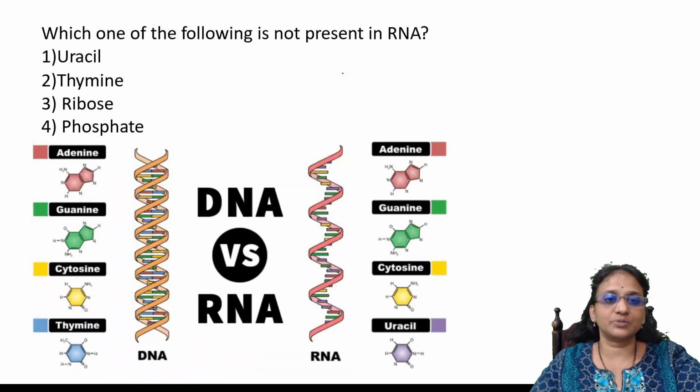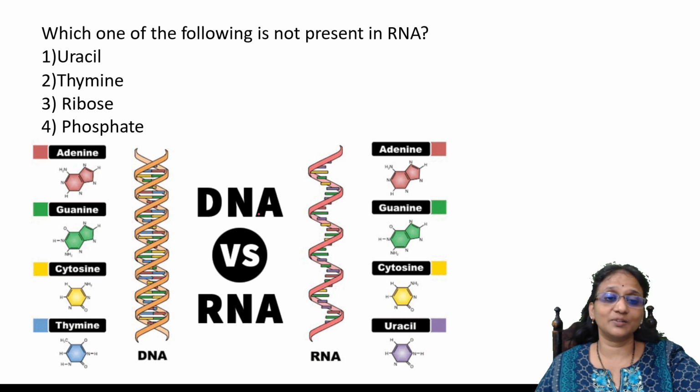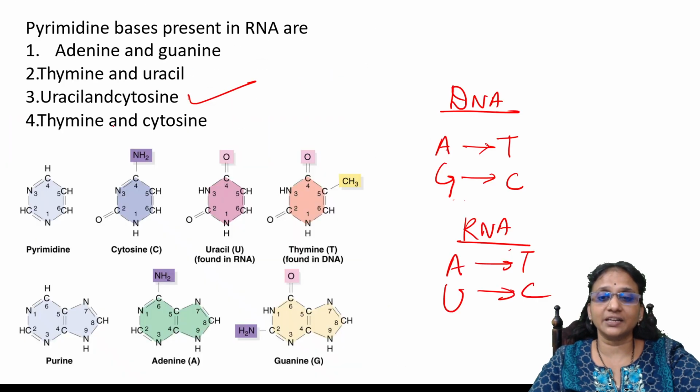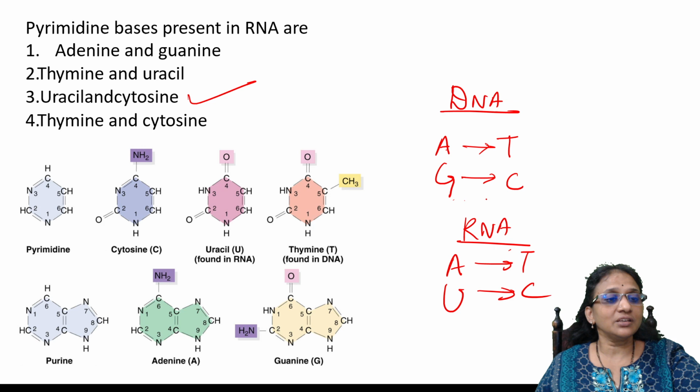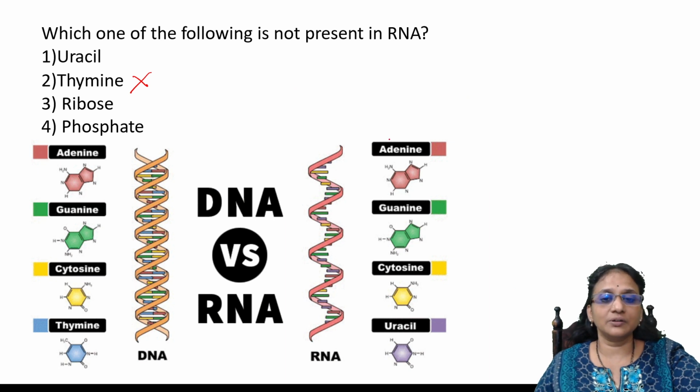See, next question. Which one of the following is not present in RNA? Okay, done. As I said just now, thymine is not present in RNA. Here, what did we write? Let's check once. In RNA, adenine, guanine, cytosine, uracil.